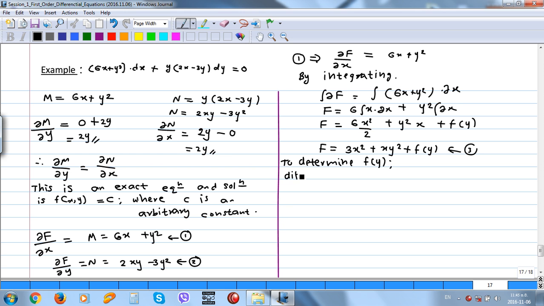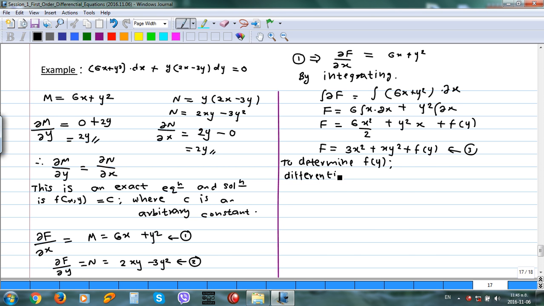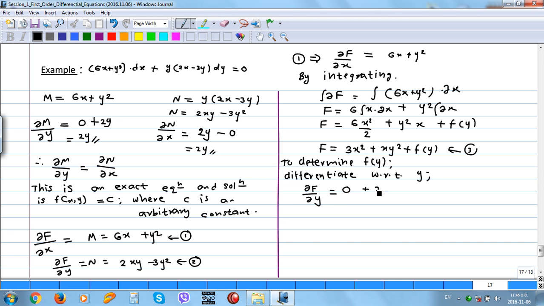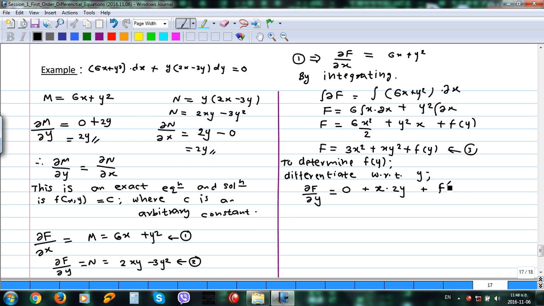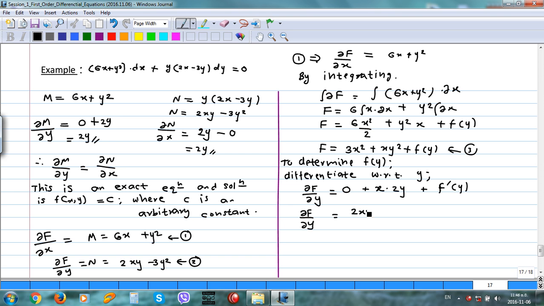Then ∂f/∂y = 0, since there are no y terms in the first part, plus x as a constant times 2y, plus if we differentiate f(y) with respect to y, we get f'(y). So ∂f/∂y = 2xy + f'(y). This is the fourth equation.